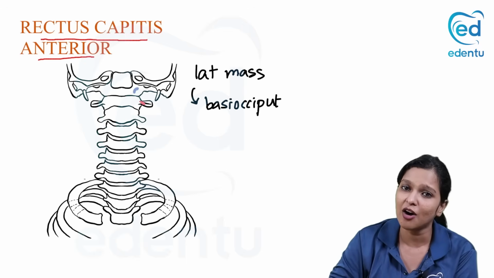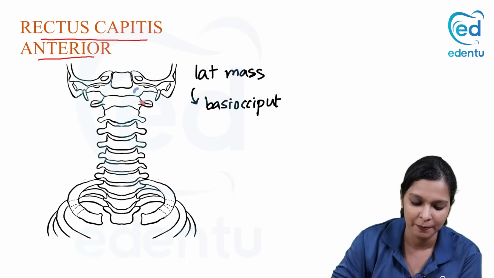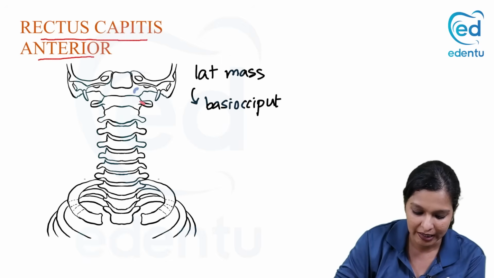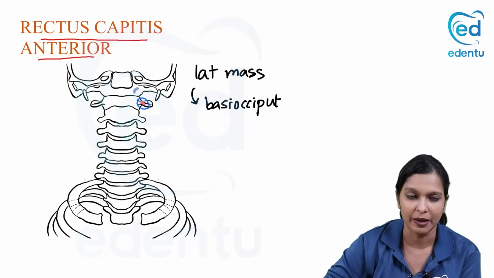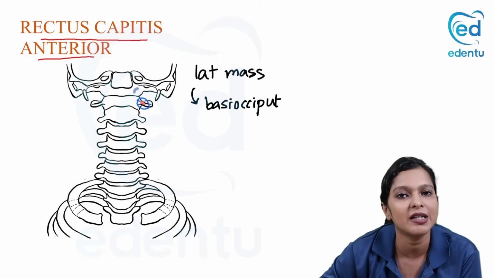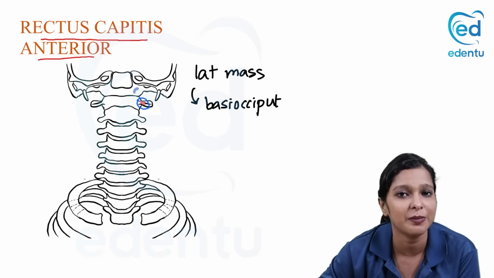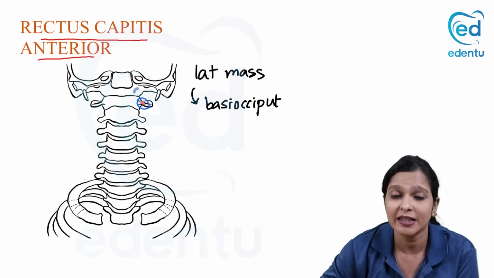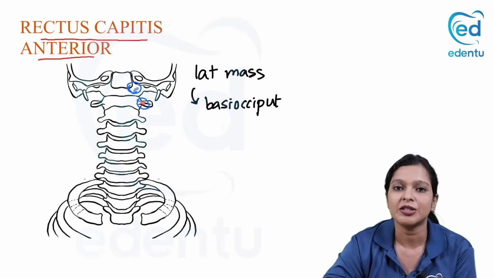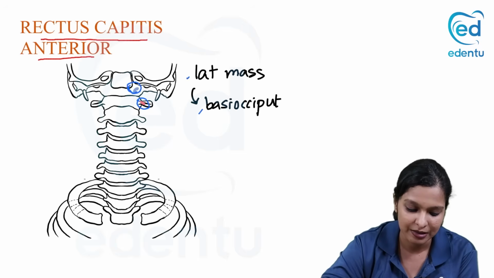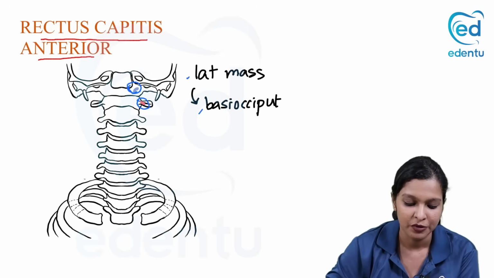So we'll see the origin and insertion of this muscle. It originates from the lateral mass of the C1 vertebra, or atlas, and it inserts into the base of the occiput. This is how it looks.